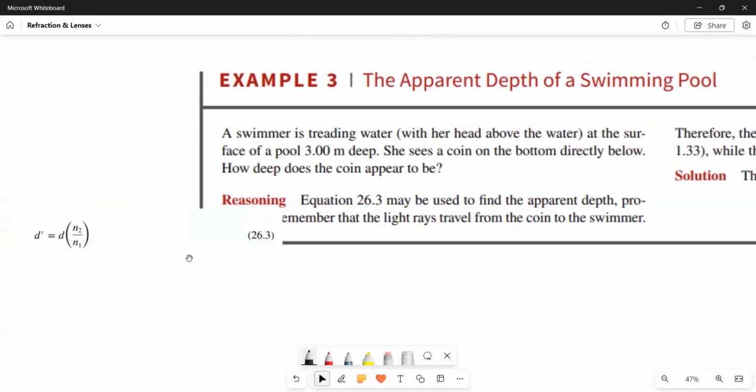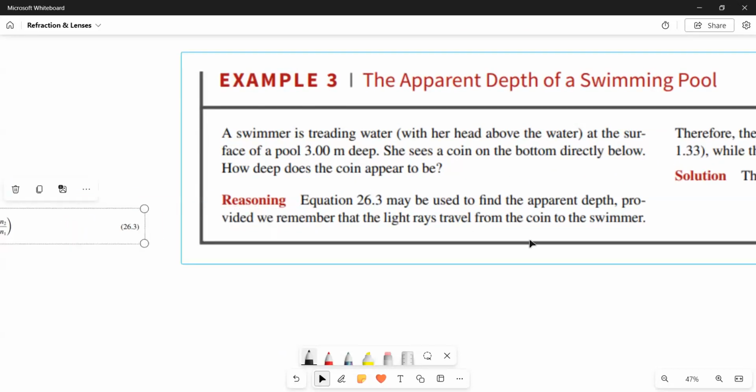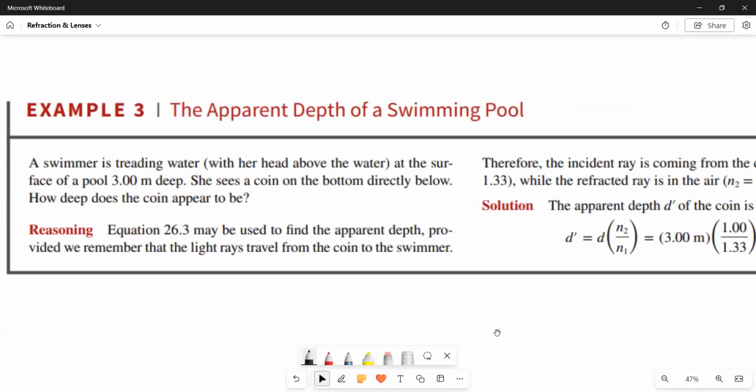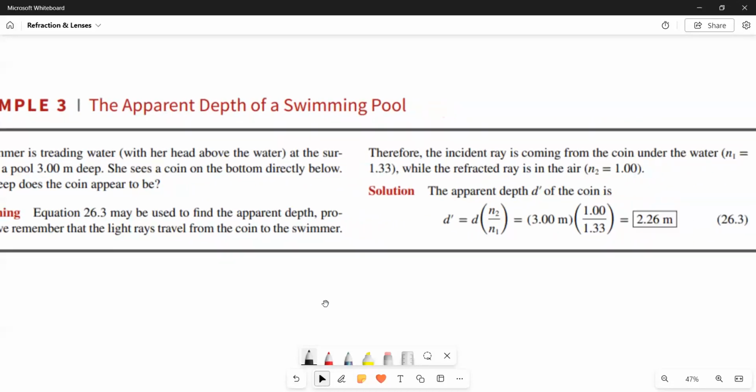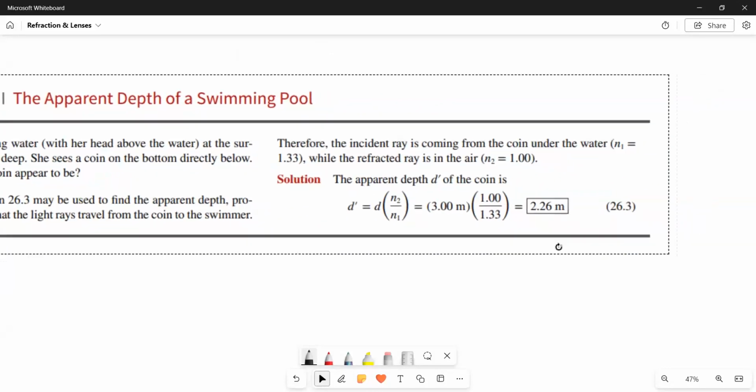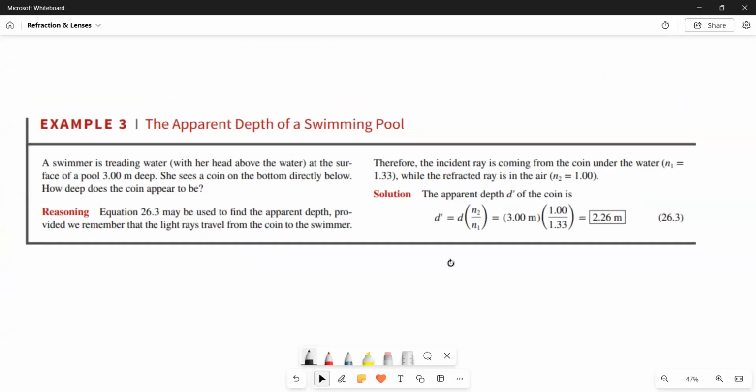We're going to look at an example here. So let's see if we can get this example. Can you see this one well? Yes, sir. So they say that a swimmer is treading water with her head above the water at the surface of a pool 3 meters deep.